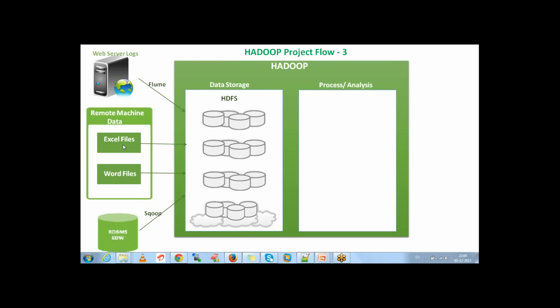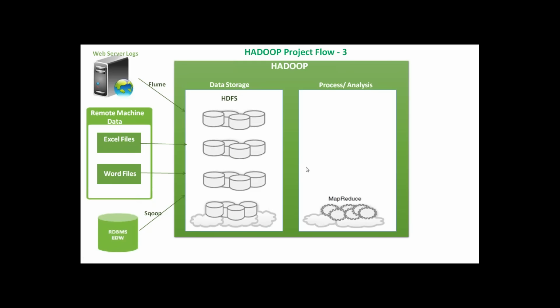I'm not able to directly process Excel, Word or PDF files in Hive or Pig. So what I will do is write MapReduce code to convert the Excel or Word files into CSV or any delimited data. Whatever we have processed with MapReduce, we can pass this data to Hive and analyze the data.